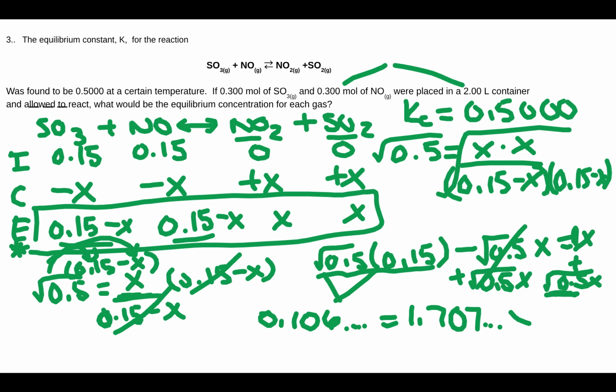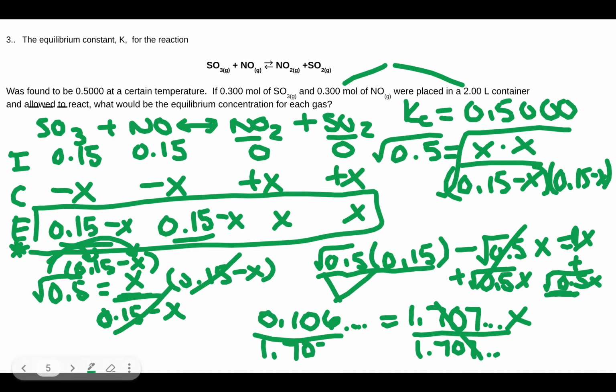Same thing, don't round too early, and that's your X. And we want to divide both sides by that number so that we can isolate X. And what you'll find out here is that X is going to equal 0.0621.